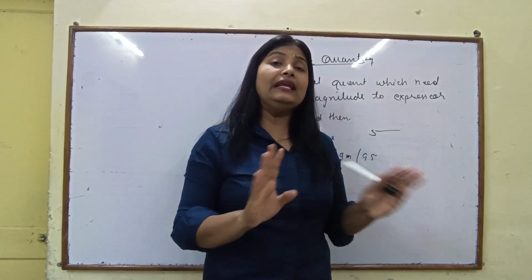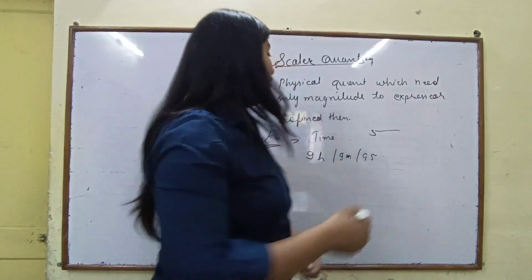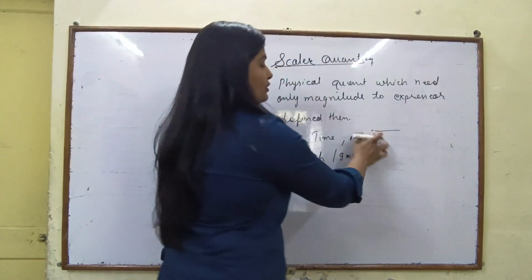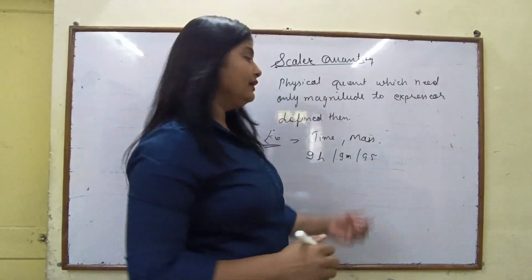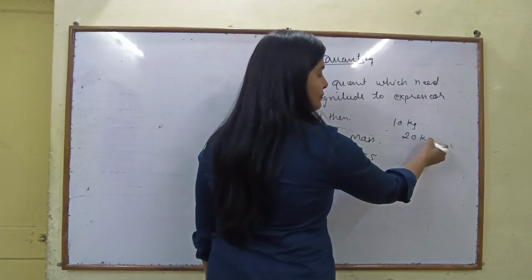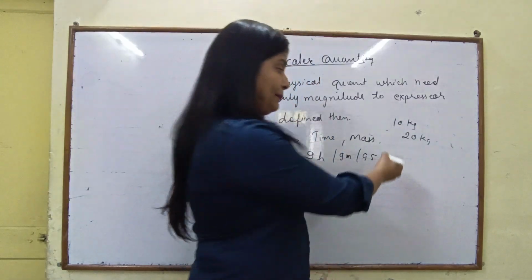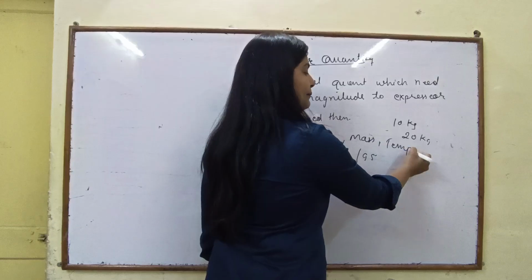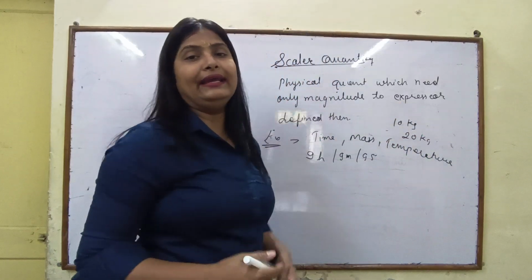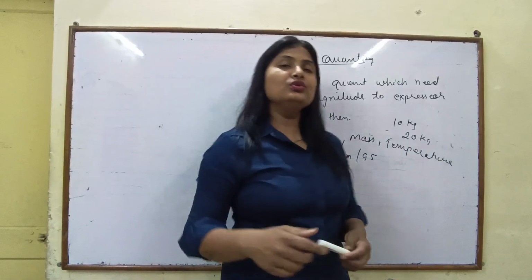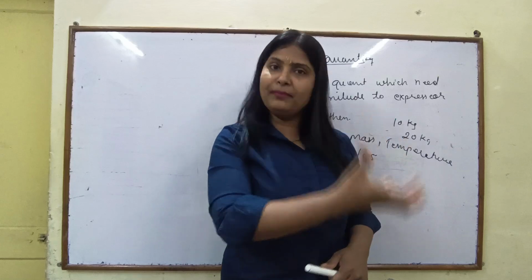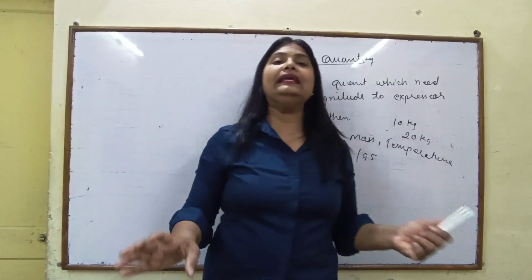We do not need any direction to explain them. Similarly, mass is also a scalar quantity, like 10 kilogram, 20 kilogram, and so on. Temperature is also a scalar quantity, like 10 degree centigrade or 70 Kelvin. We need only a particular amount, which is magnitude, but do not need any direction.